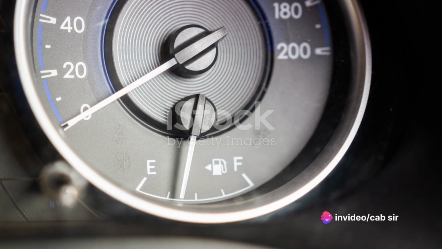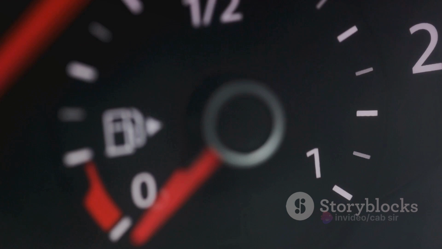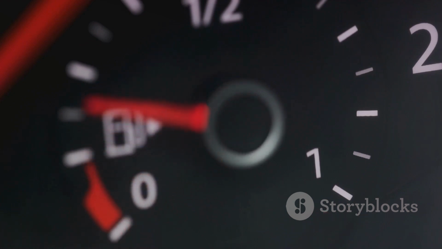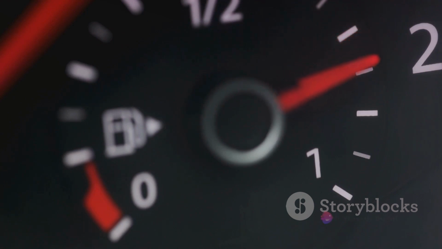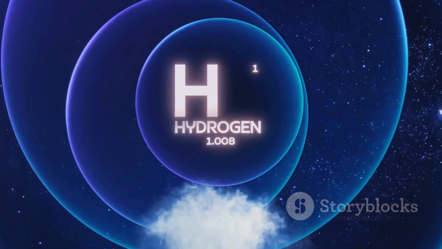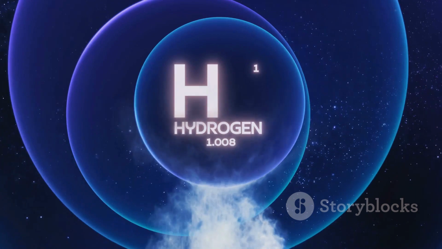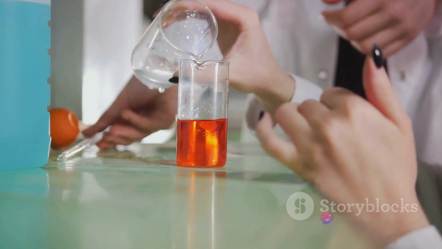This concept isn't just confined to the kitchen, it's a principle that applies to various aspects of our everyday life. Let's say you're planning a road trip. You've packed enough food for 7 days, but your car's fuel tank can only last for 5 days. Here, the fuel is the limiting reagent. In the world of chemistry, the limiting reagent is a critical concept. It's the key to understanding how much product can be formed in a reaction.